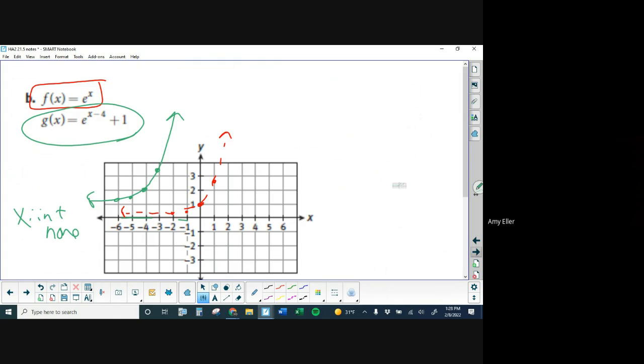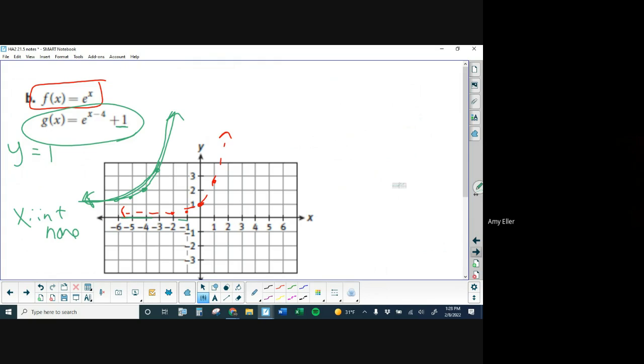What you were getting at was an asymptote. Is this graph approaching 0, Thomas? Yes. Close. This red graph is approaching 0. This graph is approaching 1. Y equals 1 would be your asymptote. Oh, shoot.